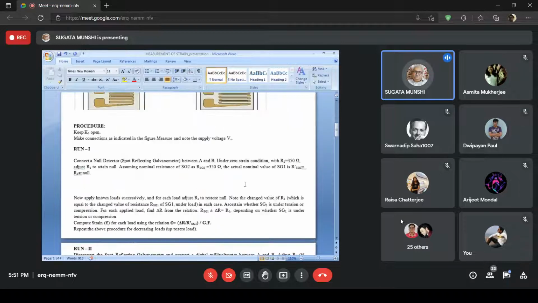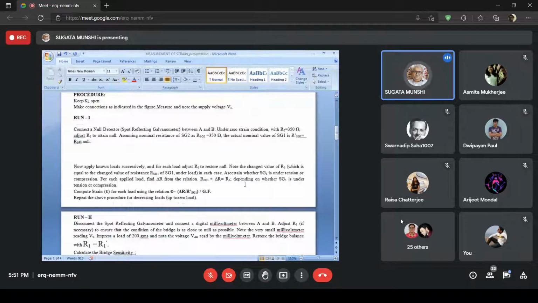So that value of R1 is obtained from run number 1. All right. Assuming nominal resistance of SG2 as 350 ohms, the actual nominal resistance of SG1 is R prime SG1 equal to R1 at null.